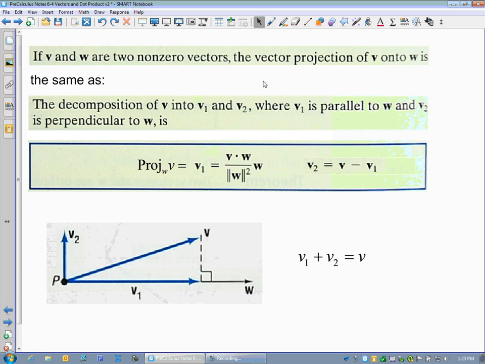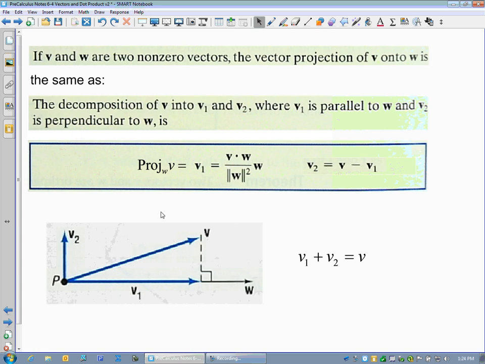And here we're going to talk about the vector projection of v onto w. Another way to think of it is it's a decomposition of v into two different vectors. One of them is parallel to w, and the one that's parallel, that's the projection. The other one is the one that's perpendicular to w.